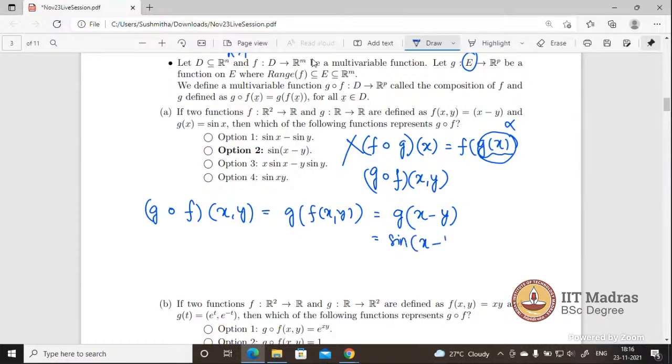Whatever variable is here has to come here. So X minus Y means it will become sin of X minus Y. So this is the composition, right? Yes, ma'am.